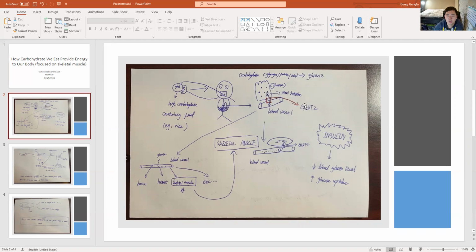I want to mention GLUT2 here, a very important glucose transporter at the intestine, which helps the glucose transport into the blood vessel from the small intestine.